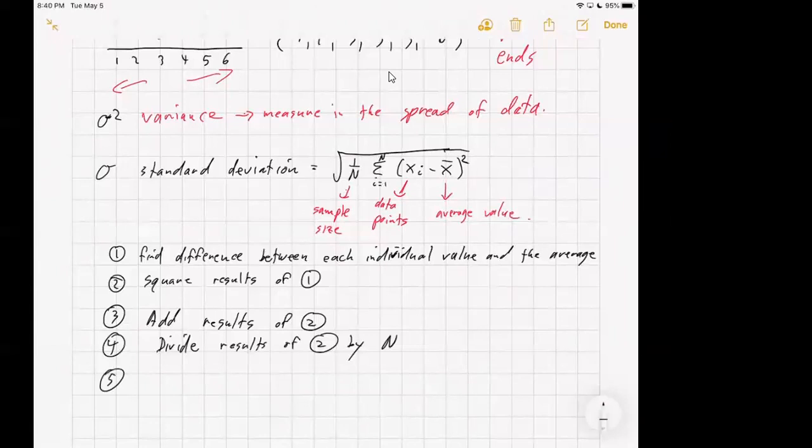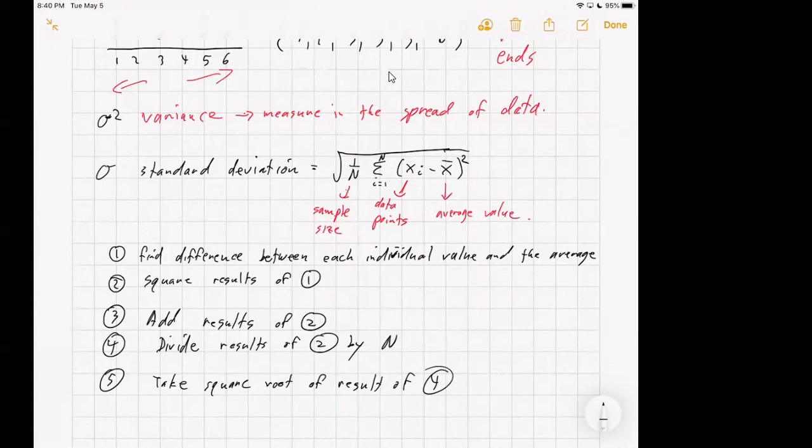And then the last thing we do is we take the square root of the result of 4. Okay, so that's a lot to have happen.